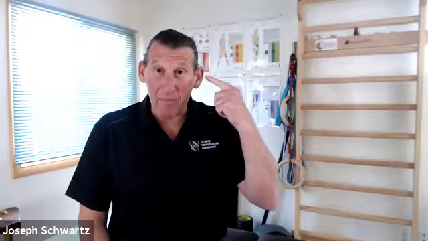When that afferent signal level goes up to a threshold where the brain says, I need to protect the body because this is not sustainable, it will inhibit the muscles that would act on that tendon or ligament.